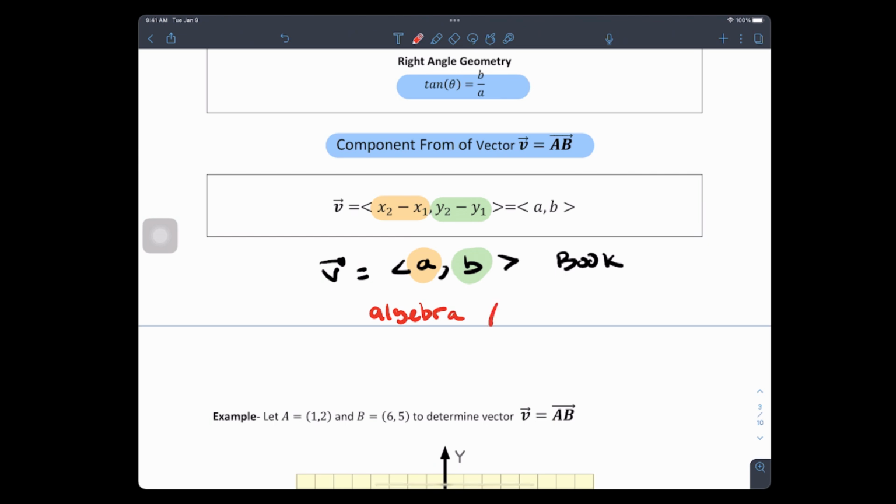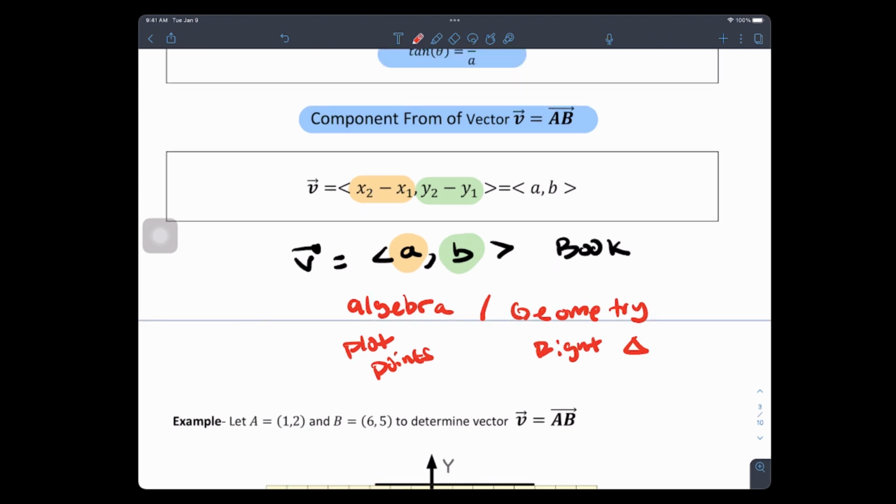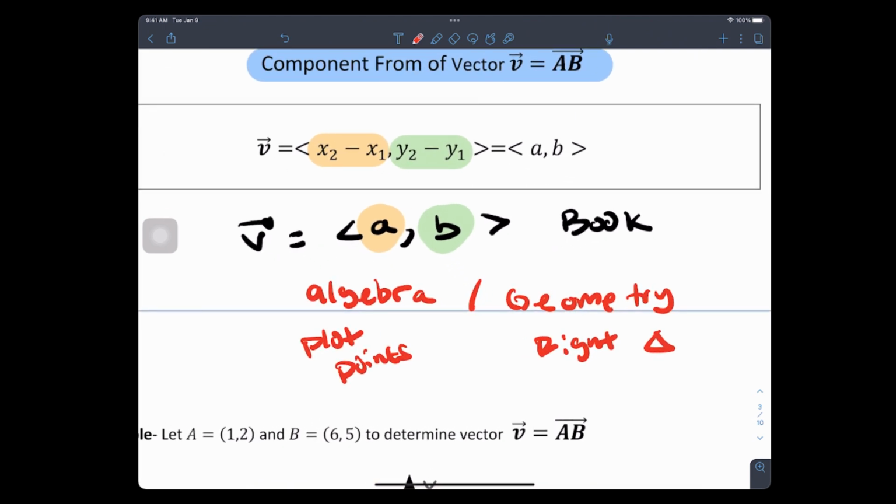It's really both. Okay, geometry comes from the right triangle. The algebra comes from the plotting points. So sometimes we're saying, boy, algebra and geometry are really linked together. And they are.